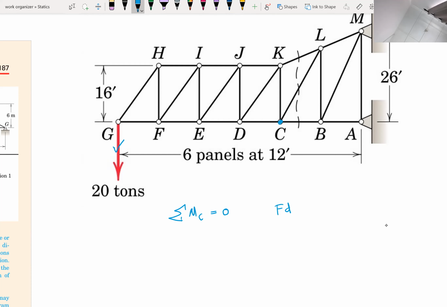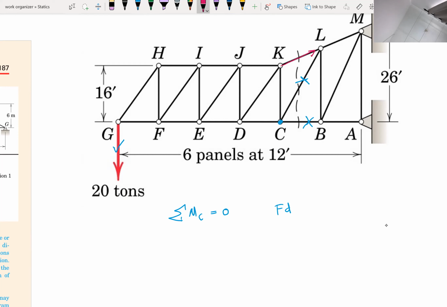This one no need, because it is in the same direction as the moment at C. And then we have to calculate KL here.